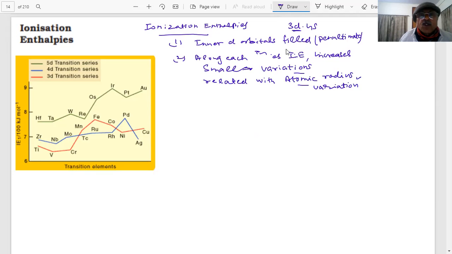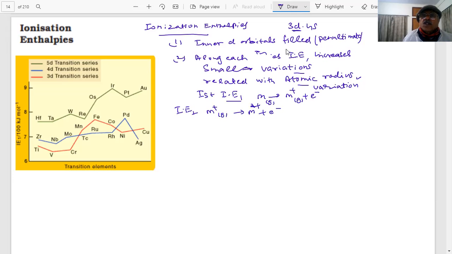When I talk of first ionization enthalpy, you are removing one electron from the gaseous metal. Second ionization enthalpy means you remove another electron, giving 2 plus.